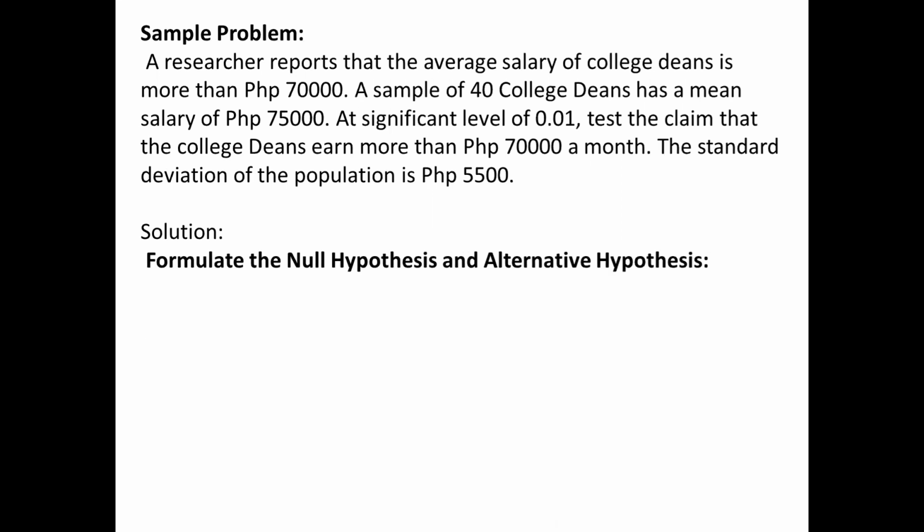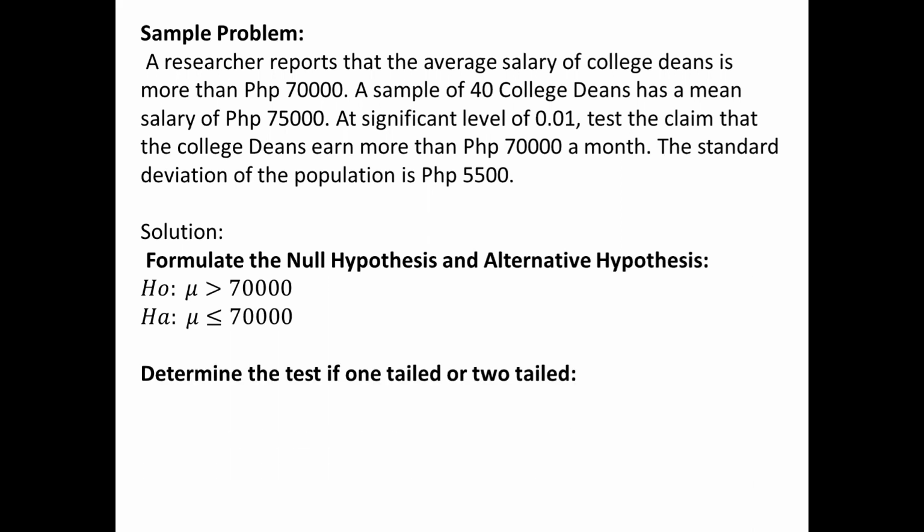In this problem, na nag-formulate tayo ng null, so ibig sabihin kung i-reject ang null, it is not true that mu is greater than 70,000. Hindi totoo na yung sweldo ng college dean nag-average ng more than 70,000.